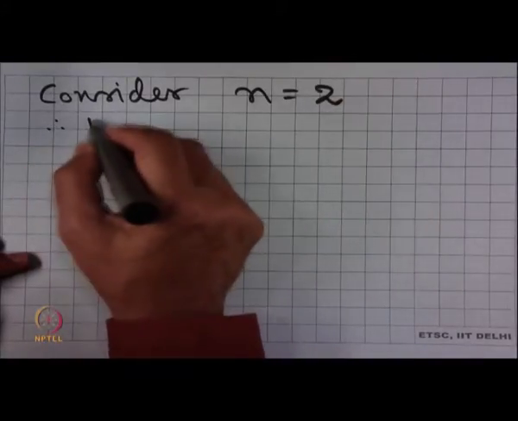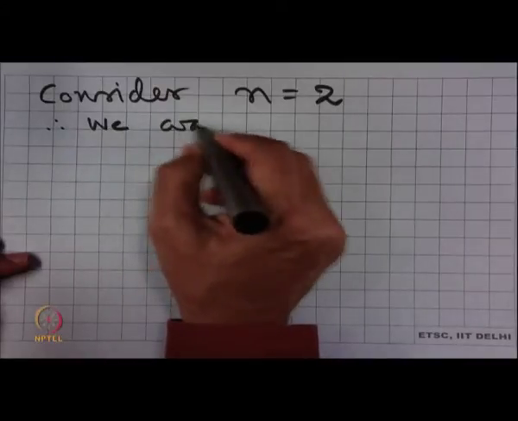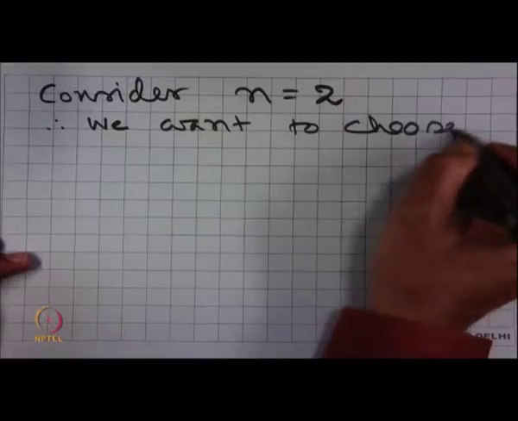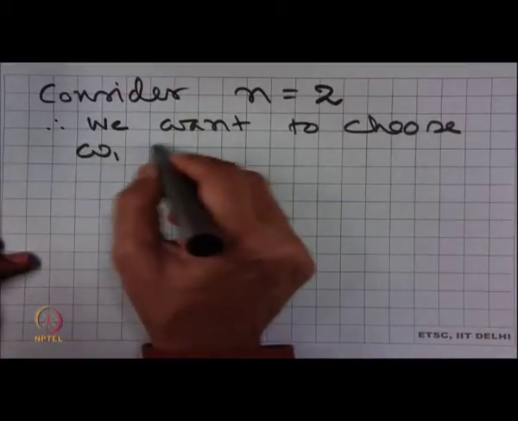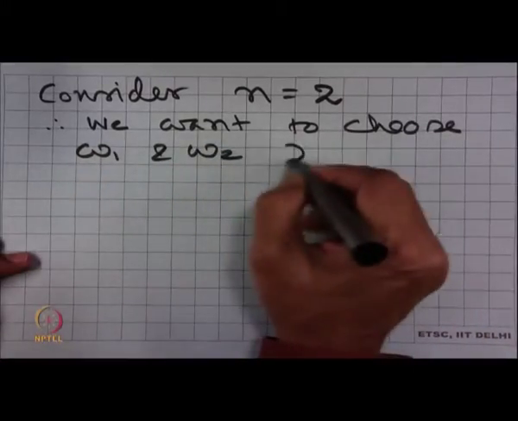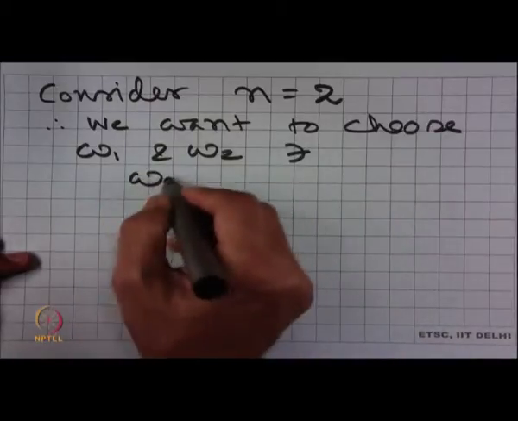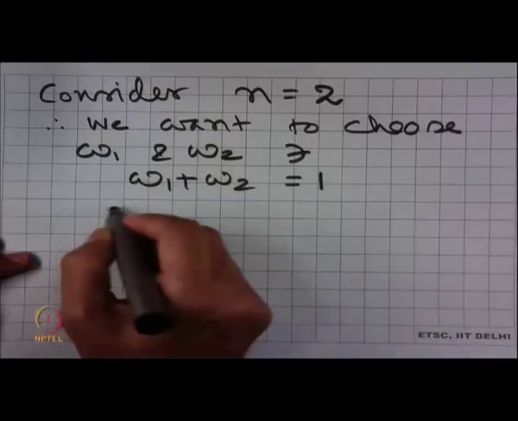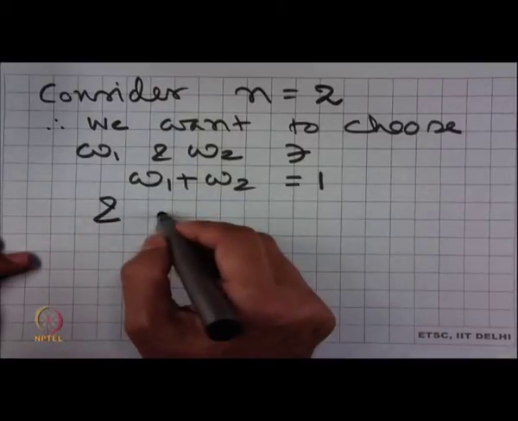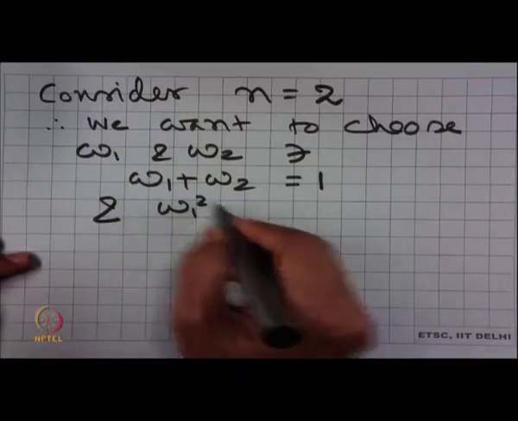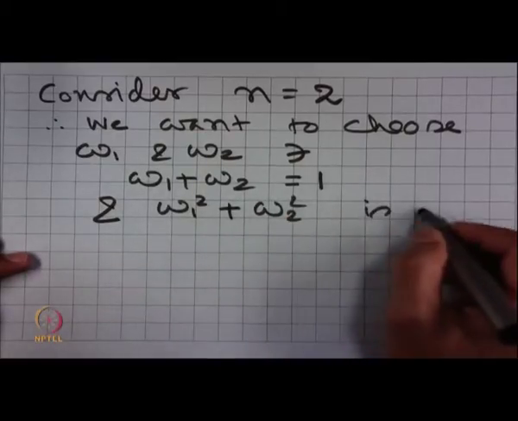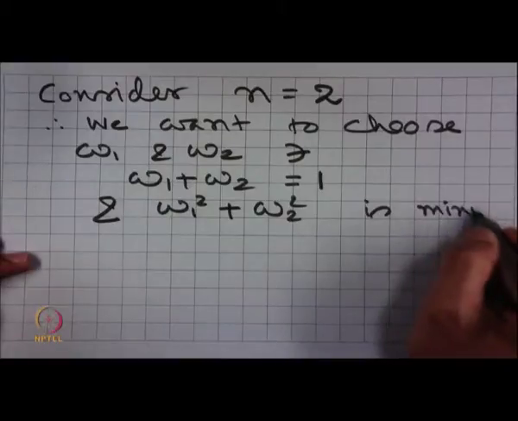Therefore, we want to choose W1 and W2 such that W1 plus W2 is equal to 1 and W1 square plus W2 square is minimum.